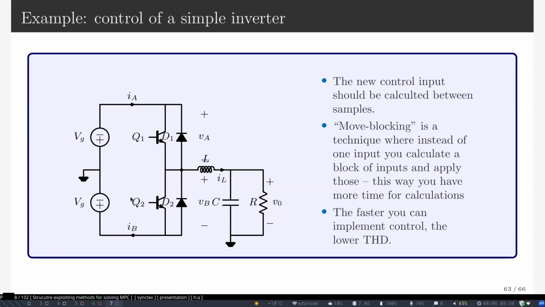So where did I do approximation? There is no approximation in the switch model. I did the approximation when I looked at the average. So this is my dynamical system.